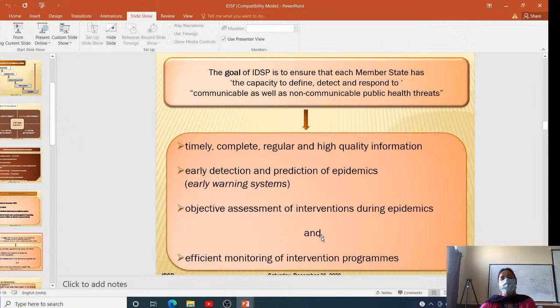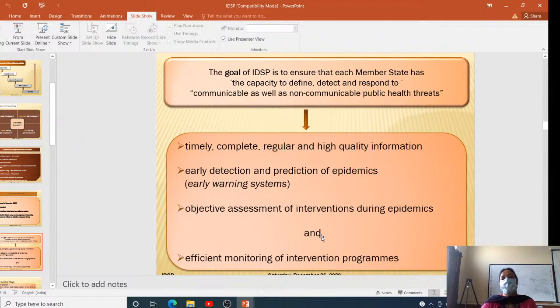Right now, I will tell you at the end of the class what the early warning system is which is being issued by the government for the mutated strain of COVID-19. Then there is objective assessment of interventions during the epidemics, and finally it should lead to effective monitoring of the intervention programs.